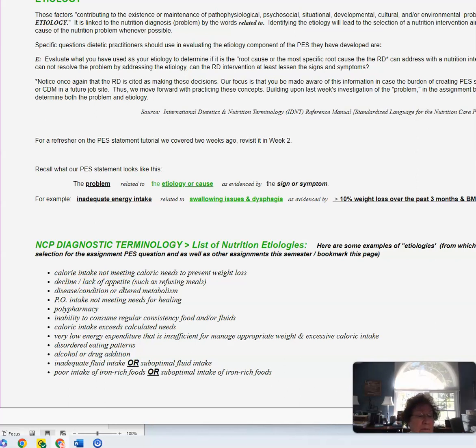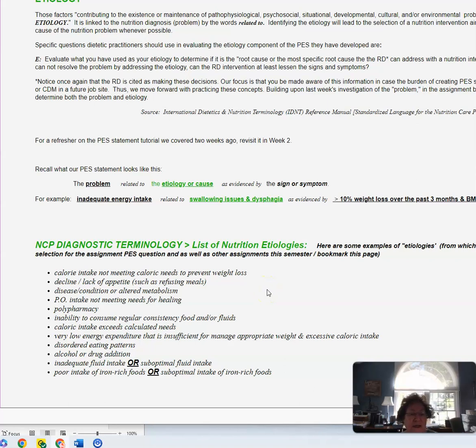And the other problem of having knowledge deficit or not understanding the diet is related to the third bullet listed here, a disease or condition. I didn't use the word disease necessarily in that PES statement. I used the actual disease of type 2 diabetes. And I clarified that by saying it was a new diagnosis of type 2 diabetes, which would explain why the patient would have a lack of knowledge and understanding.